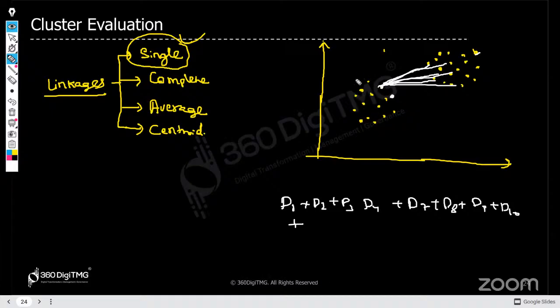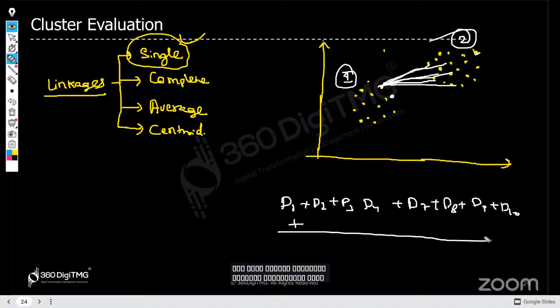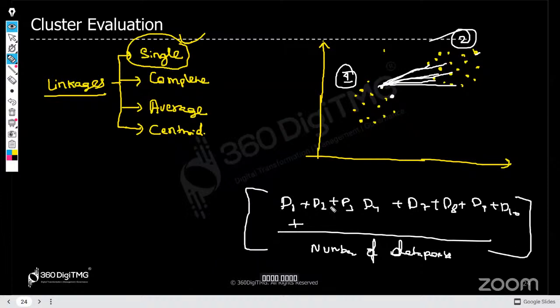It means that we are finding the distance of each and every data point in cluster 1 with each and every data point in cluster 2, and then dividing it by the number of data points. This will give you average linkage.